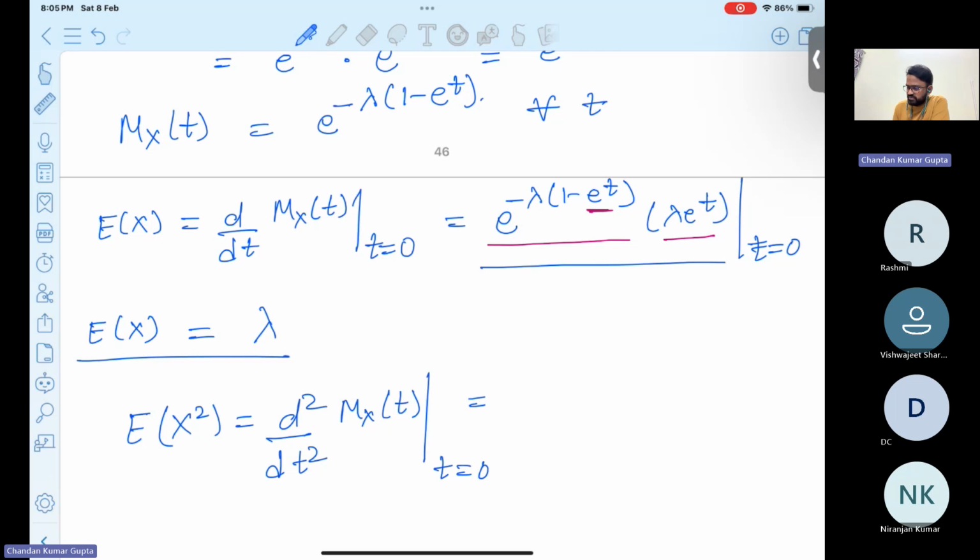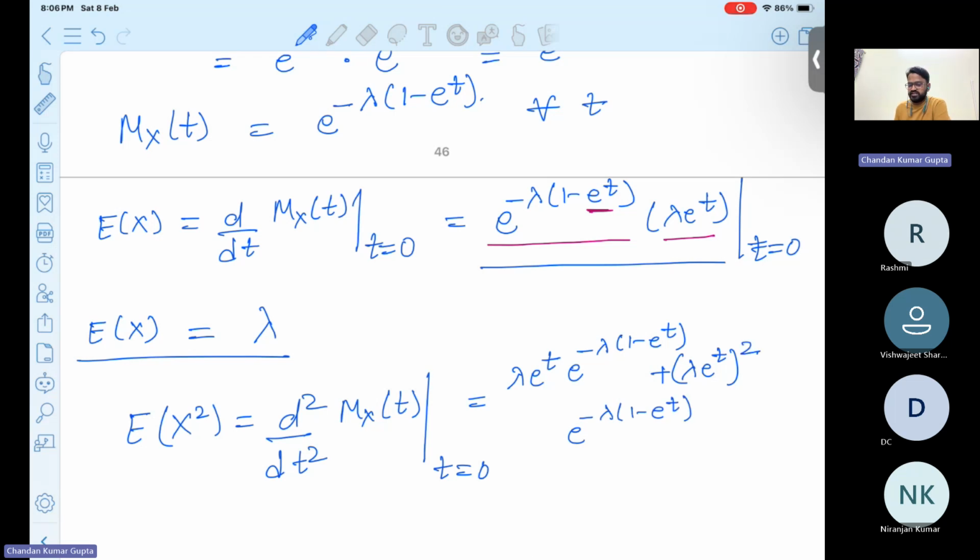The first function is lambda e to the power t, and then e to the power minus lambda (1 minus e to the power t), plus lambda e to the power t into e to the power minus lambda (1 minus e to the power t) into lambda e to the power t. So it comes out to be a square actually.